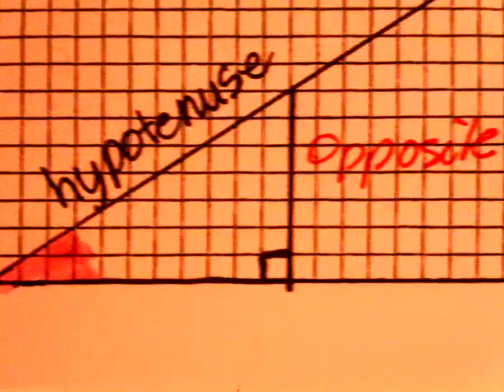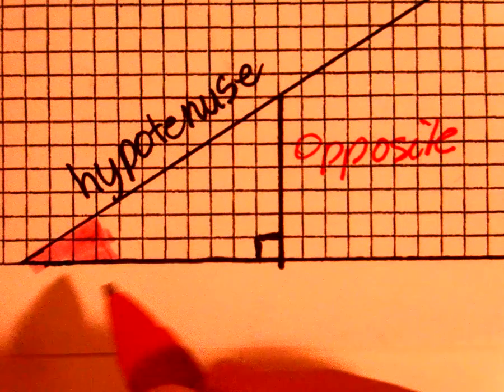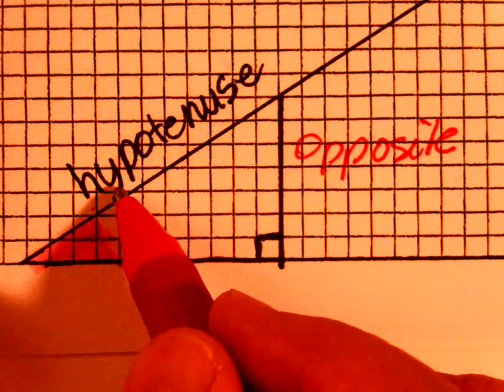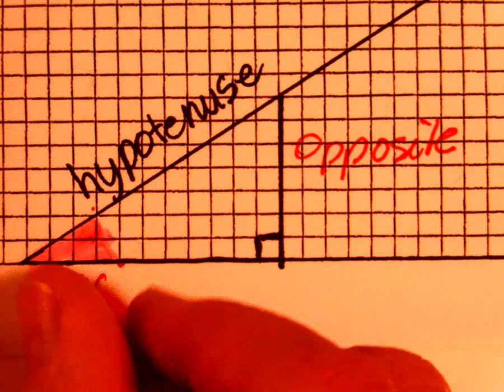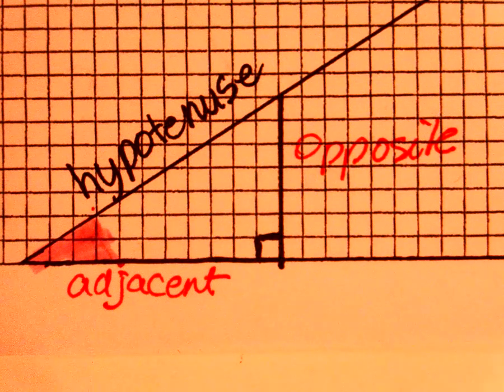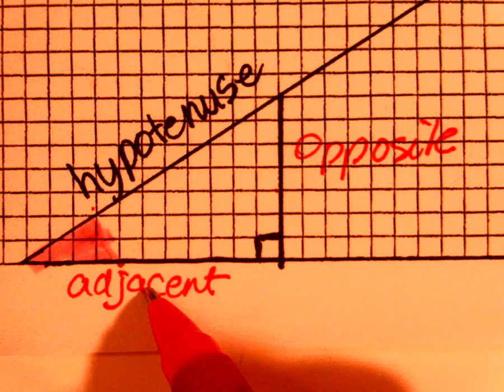So I call it the opposite side. There are two sides adjacent to it, but the hypotenuse already has a name, so I'm going to call the other one adjacent. This side is opposite, this side is adjacent to the pink angle.